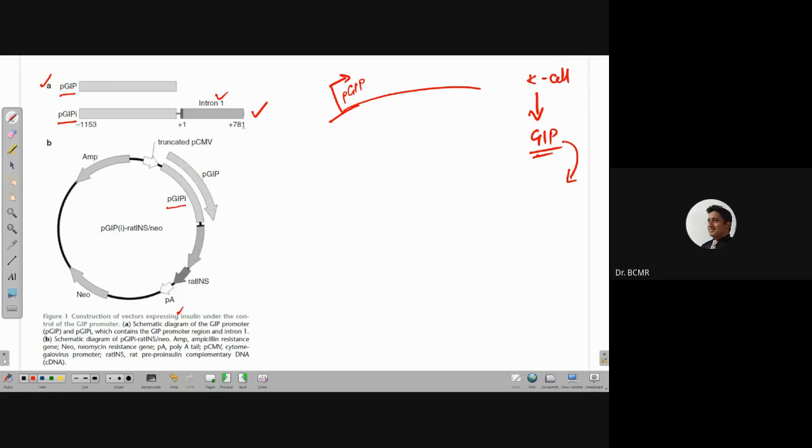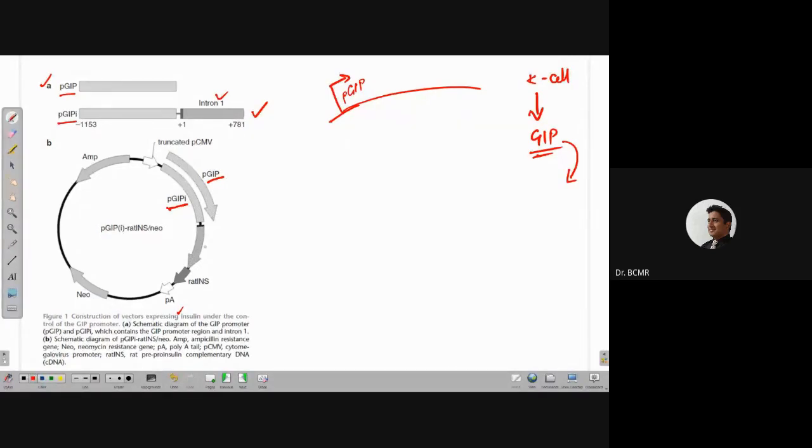So it's a better expression. We don't know exactly all the details. That's not the important point at this stage, but you should know why they have chosen the promoter of GIP. It is because GIP is expressed in K cells.